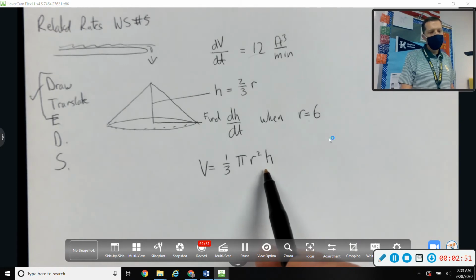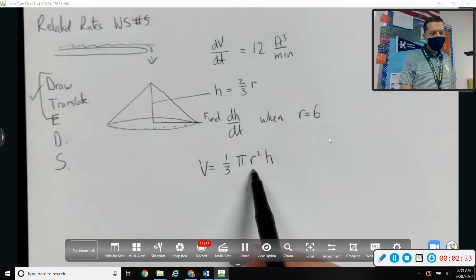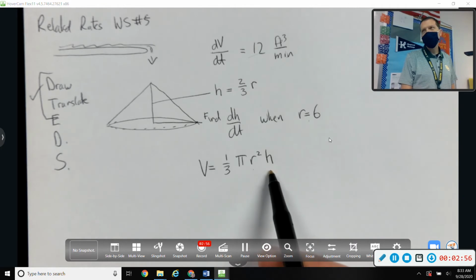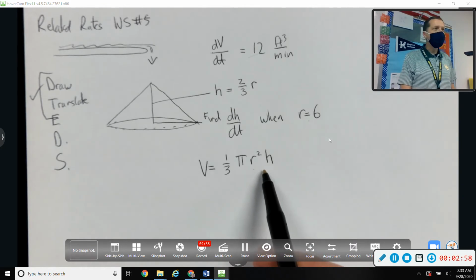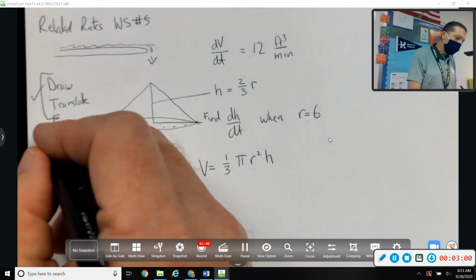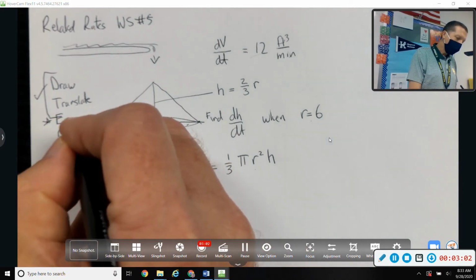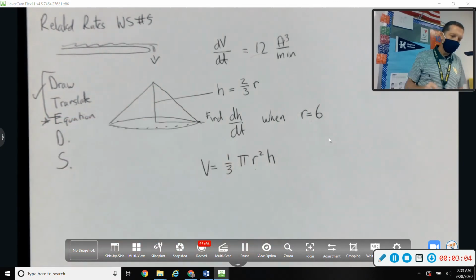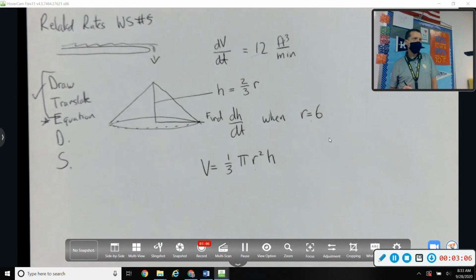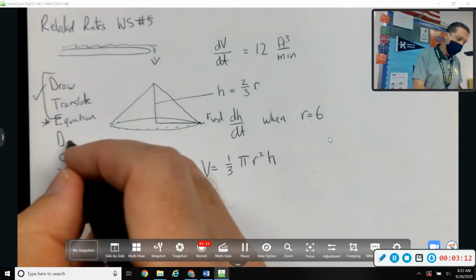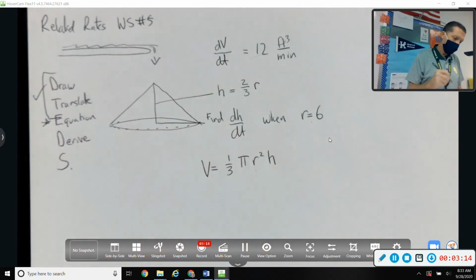Product rule. And I'll get a dr/dt somewhere and a dH/dt somewhere. I really don't want to do that. So this equation piece, sometimes it's helpful to make a variable go away to make your calculus easier. So pay the price in terms of algebra to make your derivative a little bit easier.